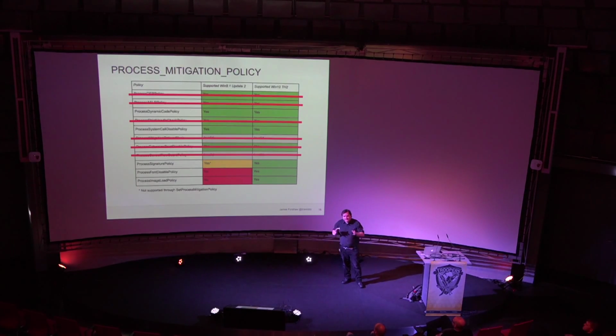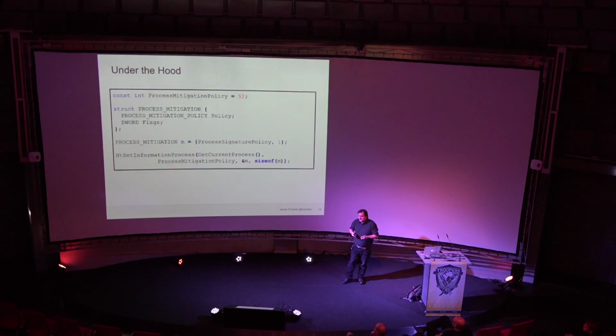And the process signature policy, as you can see, is yellow. That's actually because while it is available on Windows 8, it doesn't actually work through the SetProcessMitigationPolicy function. And that's because the user code which implements this, the SetProcessMitigationPolicy function, has not been updated to match what the kernel is actually able to support.